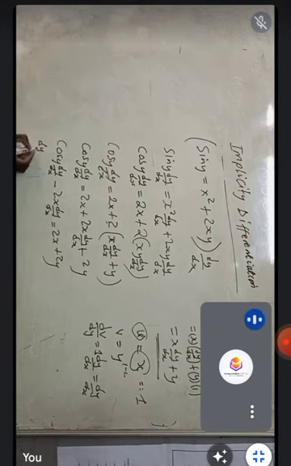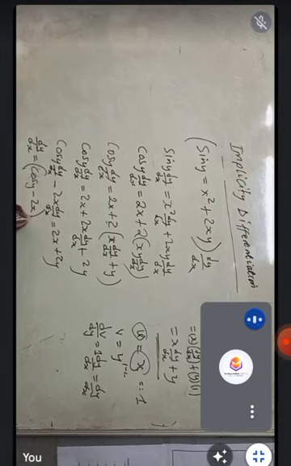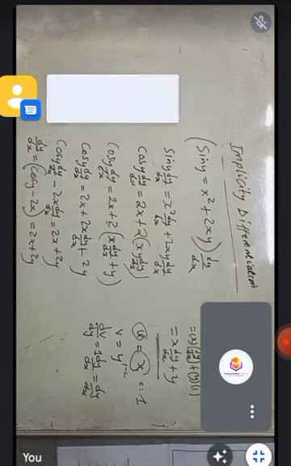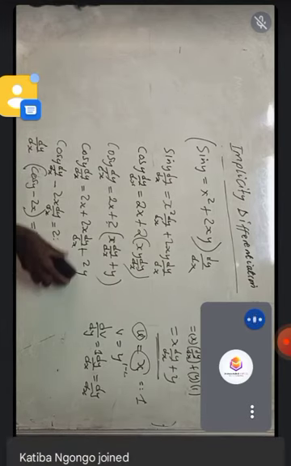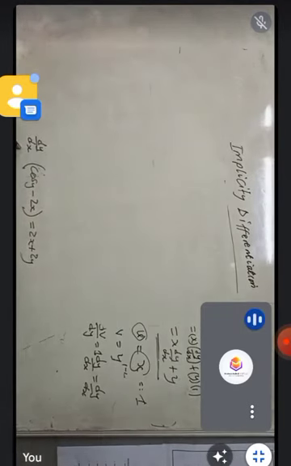So I have dy over dx multiplying cos y minus 2x equal to 2x plus 2y.